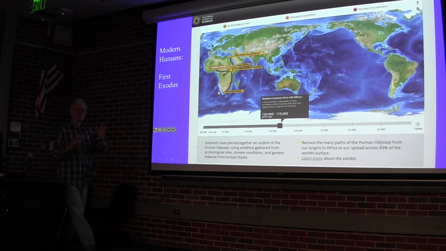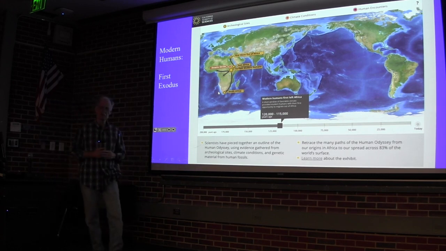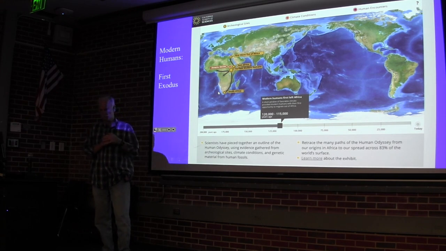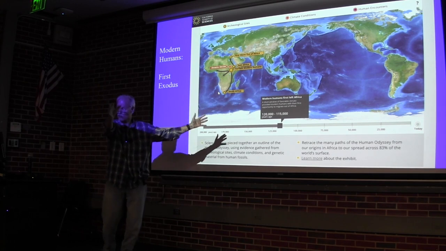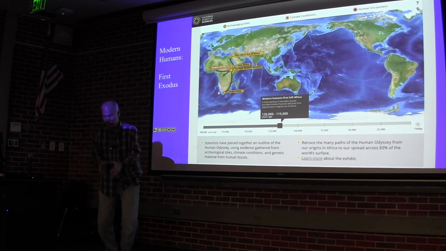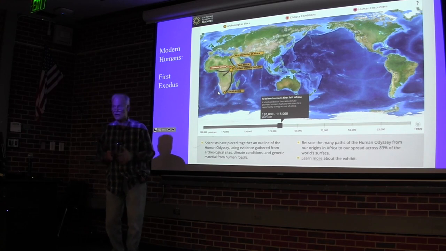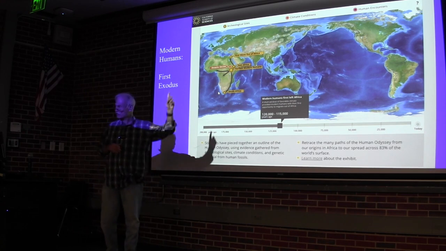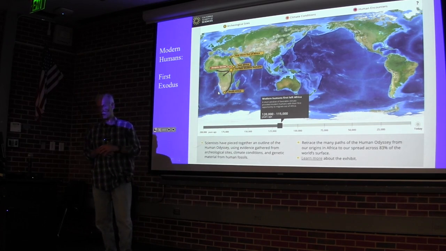So let's back up. We left out some stuff. So we have Homo erectus, 1.8 million years ago, began to explore the earth and spread over the surface, but didn't change much from that. But the population of Homo erectus that remained in Africa was still rapidly changing. And it changed into something that we first discovered in Europe, in Heidelberg, Homo heidelbergensis.